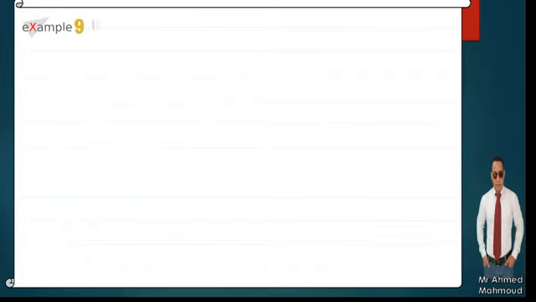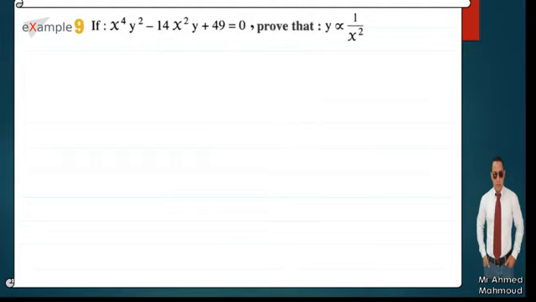Now, example 9. In this example, x power 4, y power of 2, minus 14 x power of 2 y, plus 49 equals 0. Prove that y varies inversely as x power of 2. I need to prove that y equals m over x power of 2. This is a perfect square because we have a square and 49 is a square.